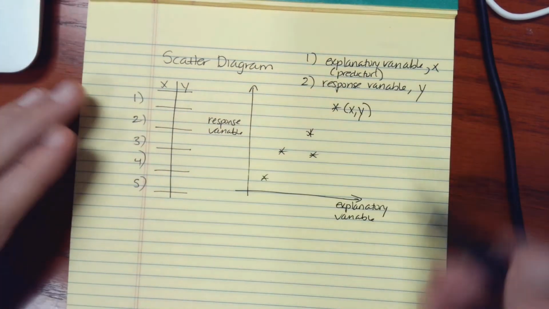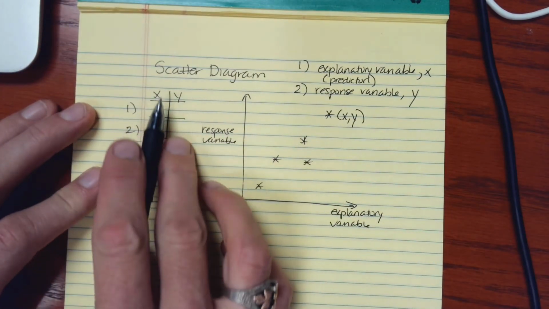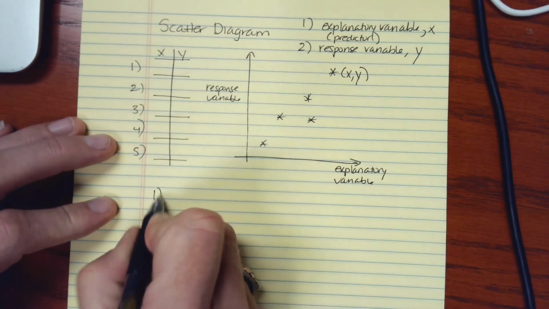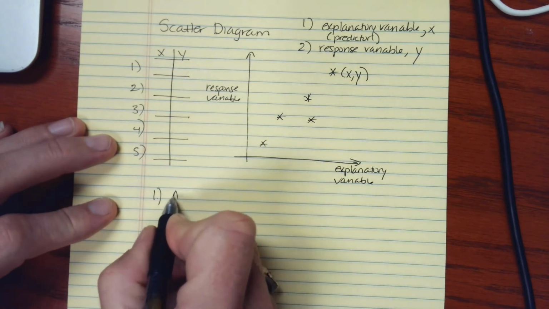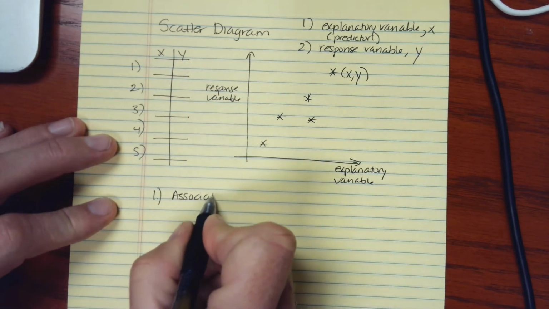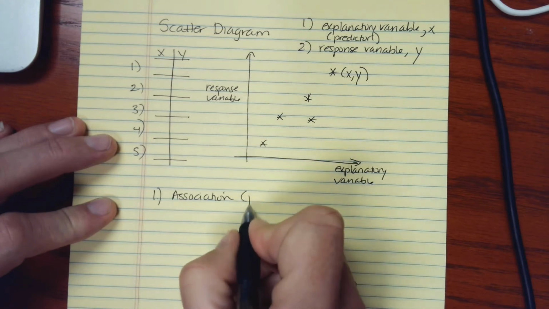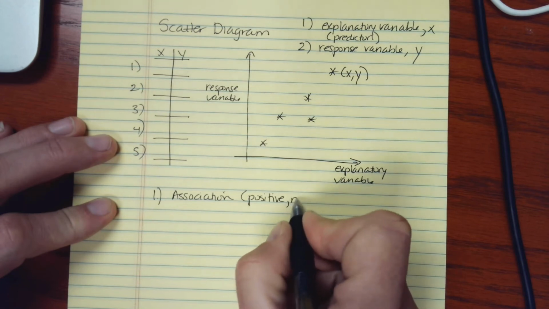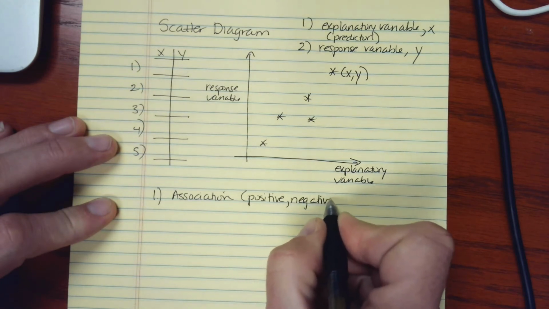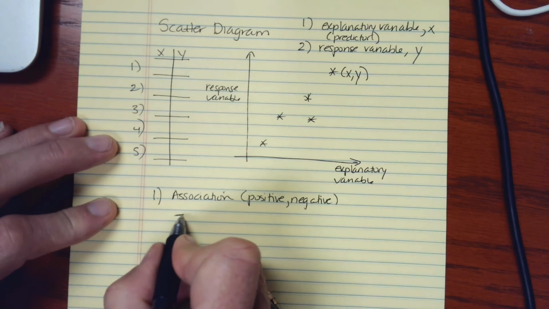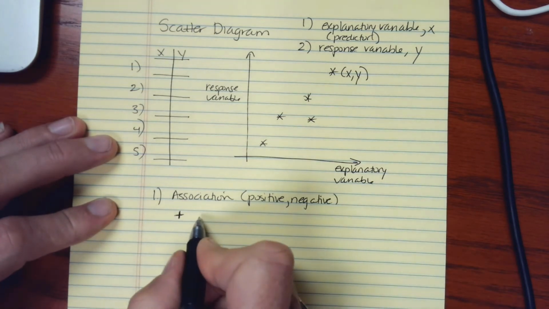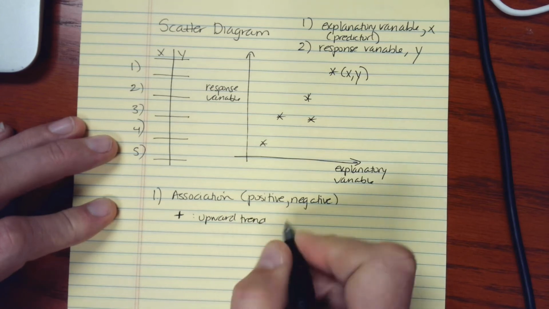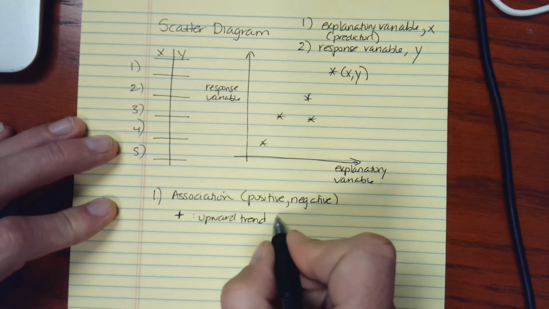So what do we do with this information? Once we have a scatter plot, there are two things that I would ask you to consider. First, is there an association? So that could be either positive or negative. And so a positive association would mean that there is an upward trend, and that would be as we look from left to right.